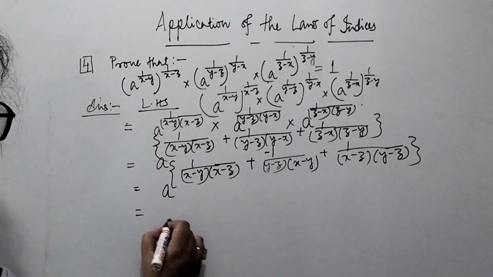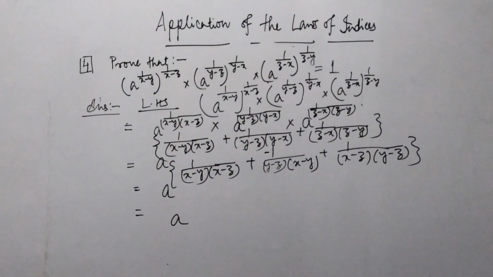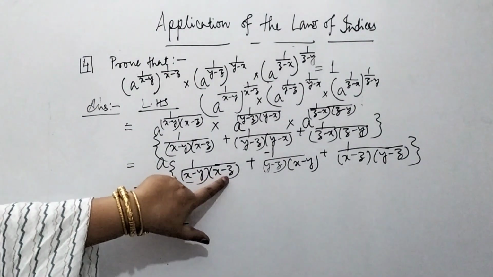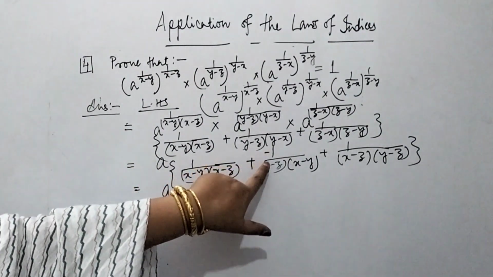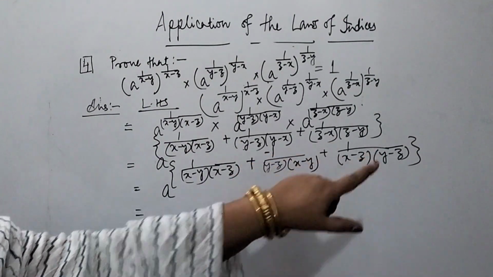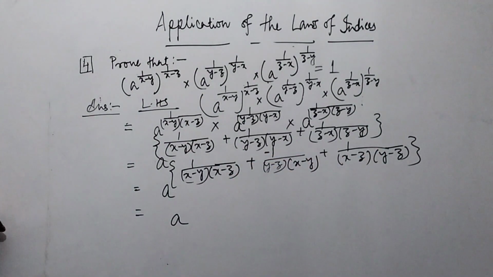Now here we get a to the power, from the first expression, 1 by (x minus y)(x minus z), plus minus 1 by (y minus z)(x minus y), plus 1 by (x minus z)(y minus z). Now you can easily get the LCM of these 3 denominators.